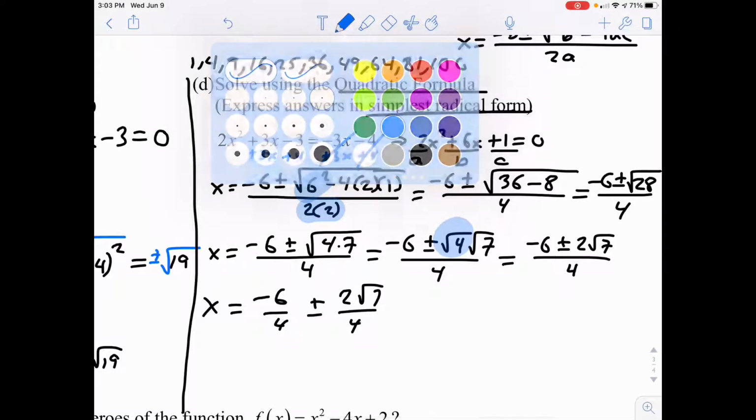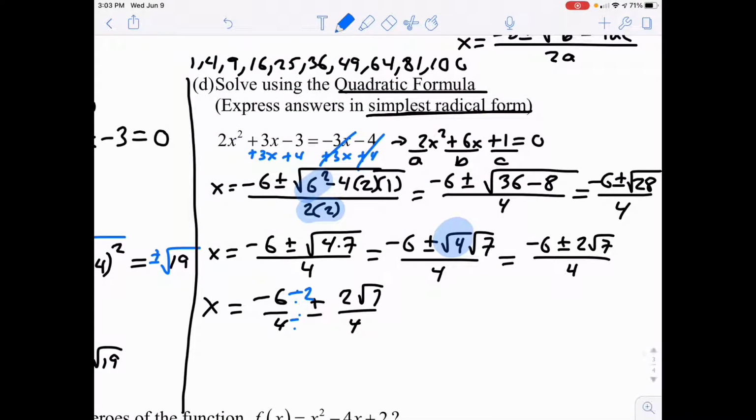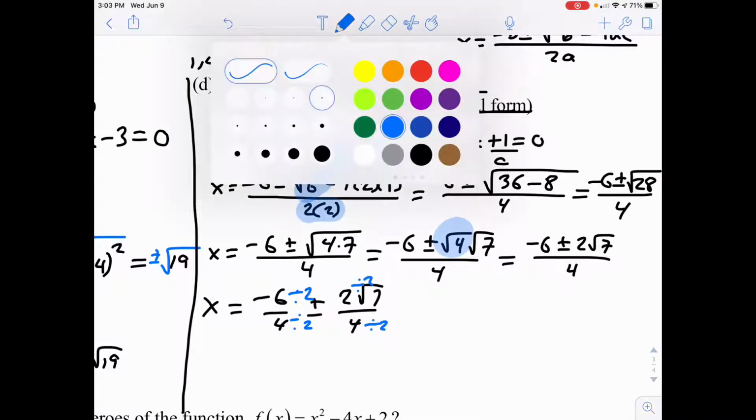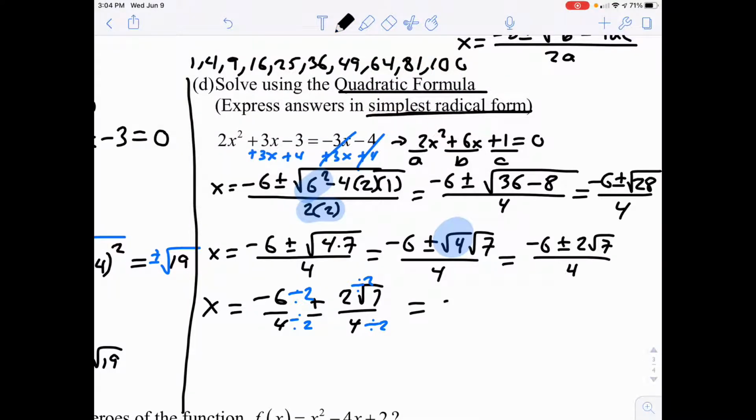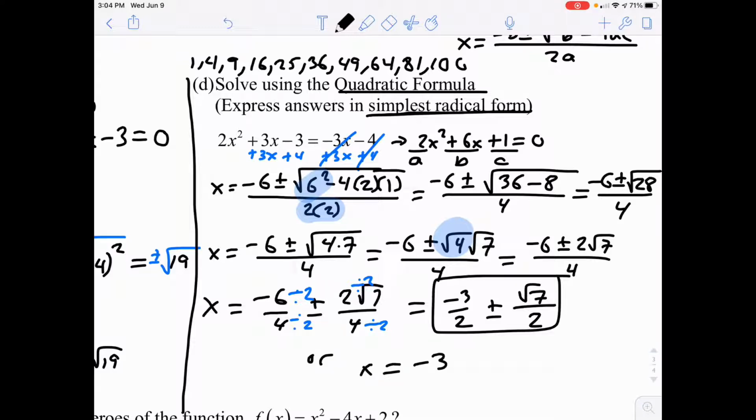And when we look at this, we can divide both by 2, right, in both cases. And this would simplify to negative 3 halves plus or minus radical 7 over 2. Now you could write your answer like that, or negative 3 plus or minus radical 7 over 2 with just one denominator. Both representations are correct.